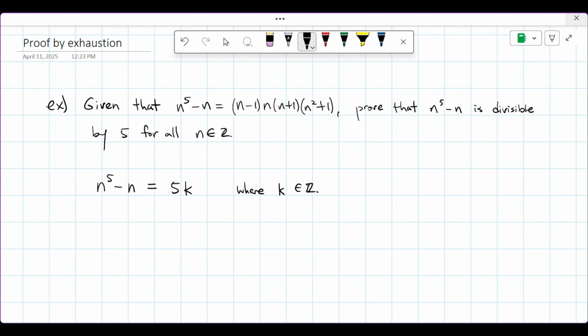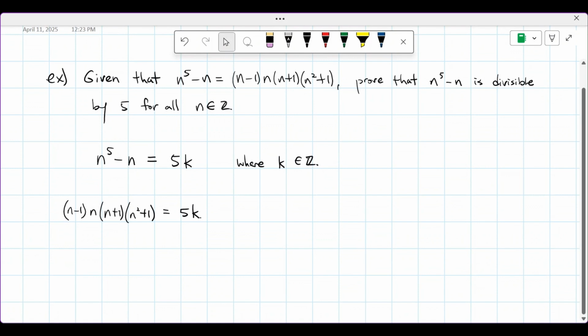Let's try to use the given equation of n to the power 5 minus n. I think we can rewrite that as n minus 1 times n plus 1 times n squared plus 1 is equal to 5k, or it's divisible by 5.